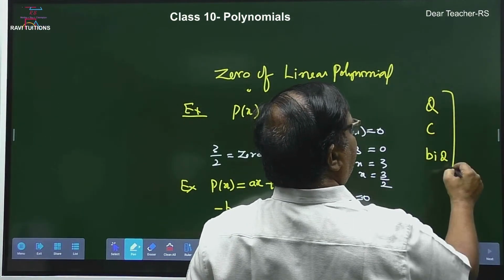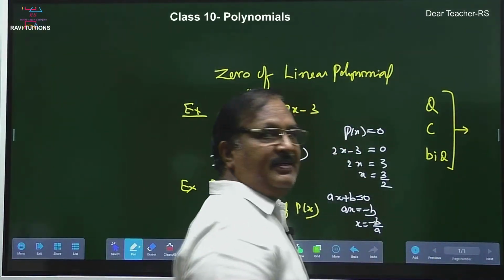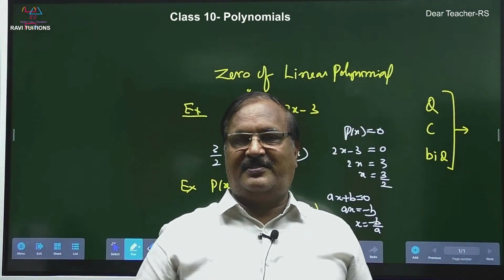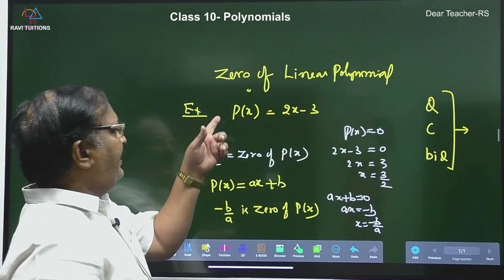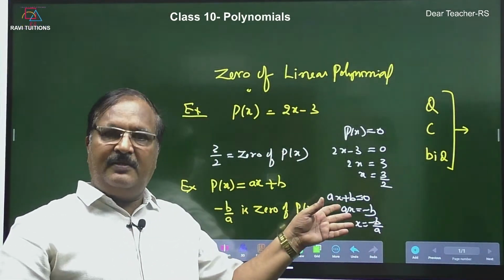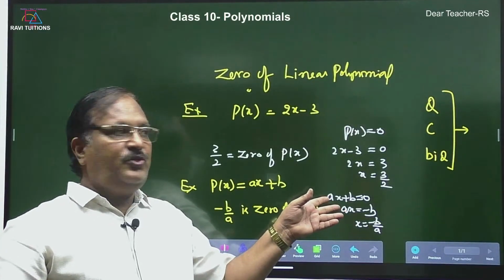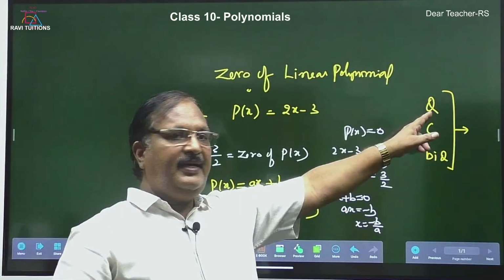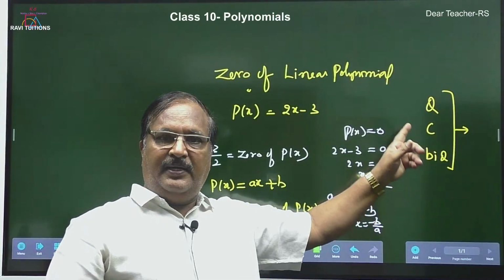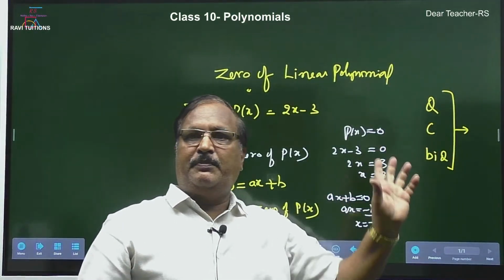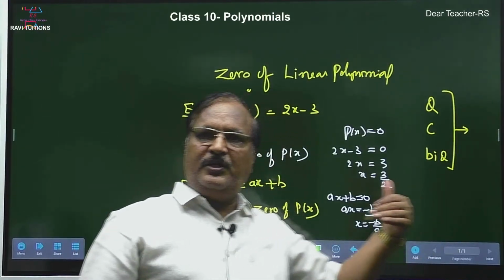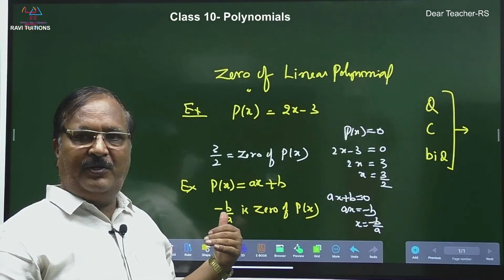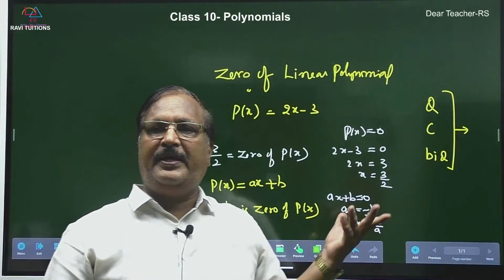These three you have to express as the product of linear factors, product of linear polynomials, because linear polynomial zeros we can find. So if you want to find zeros for quadratic, cubic and biquadratic, you should express them as a product of linear polynomials. Then we know the procedure for linear polynomial, and automatically you can have it.